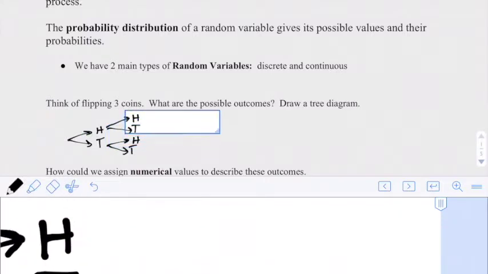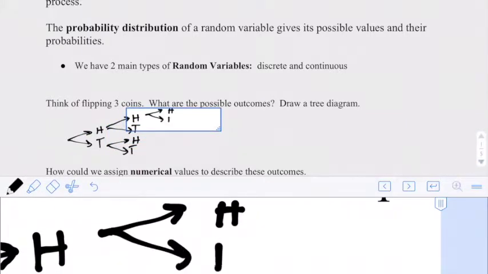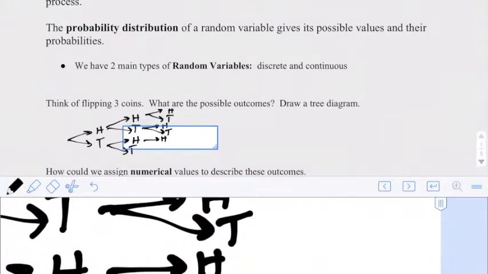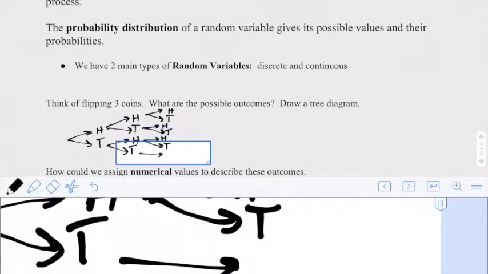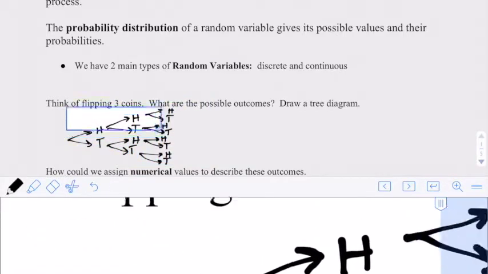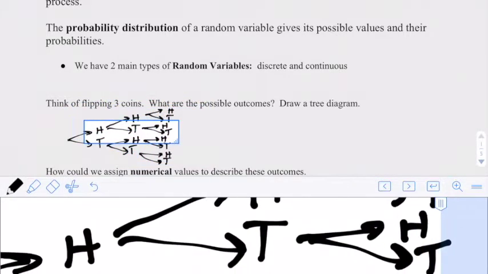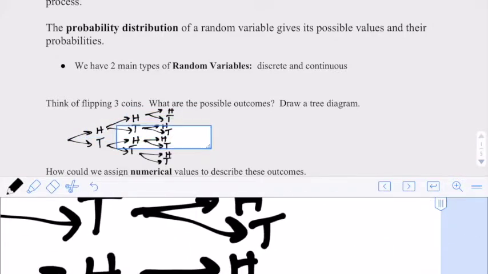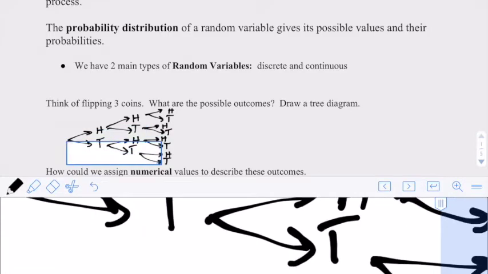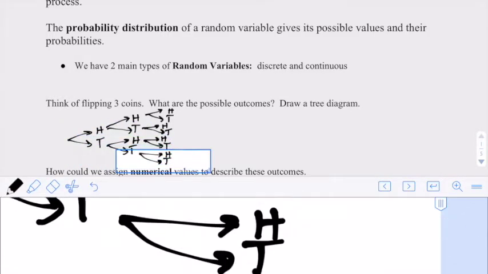Then we have our third flip. So what we have is heads, heads, heads; heads, heads, tails; heads, tails, heads; heads, tails, tails; tails, heads, heads; tails, heads, tails; tails, tails, heads; and tails, tails, tails.